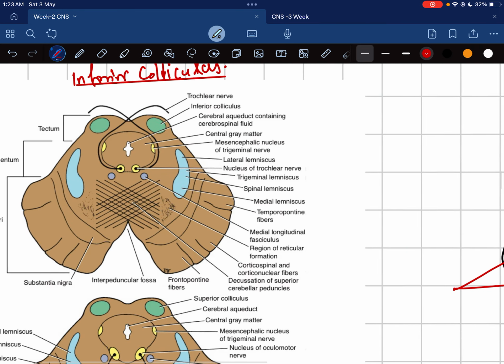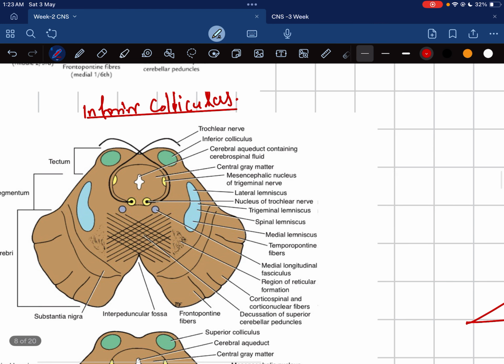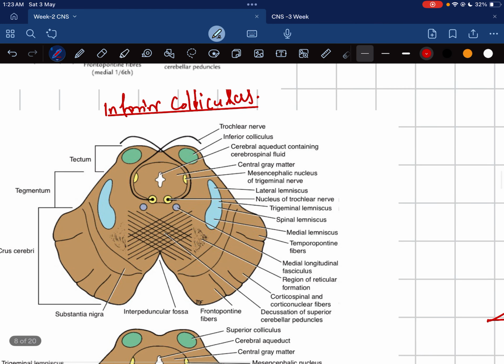We can look at this image at the inferior level. These nuclei are at the inferior colliculus. These are the nuclei for the trochlear nerve, so there is the arising of the trochlear nerve, passing posteriorly at the inferior colliculus level. This opening is the cerebral aqueduct, which contains cerebrospinal fluid.